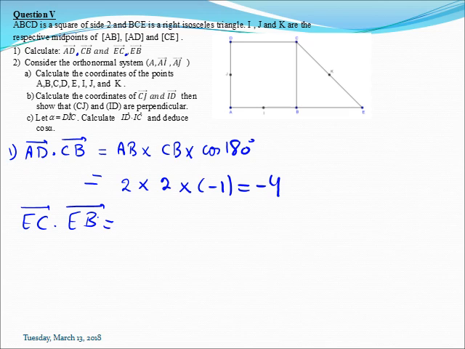EC dot EB: B is the orthogonal projection of C on EA, so we can write EB times EB equals 2 times 2 equals 4.